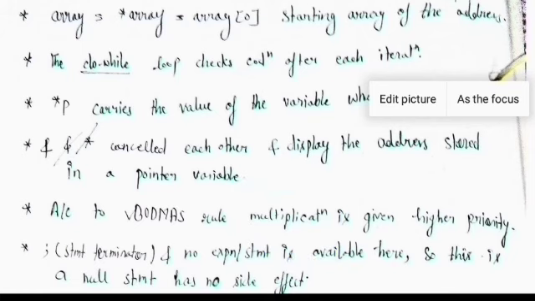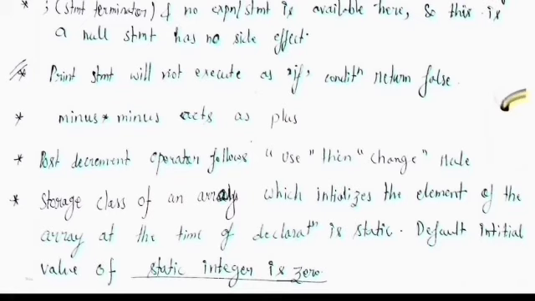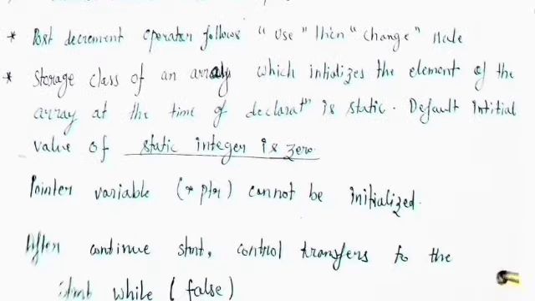Now come to the next important points. The terminator statement has an expression statement which is a variable here. So this is a null statement, and due to this there is no side effect of the terminator statement. And the next important point is that the post decrement operator follows the use-then-change rule.